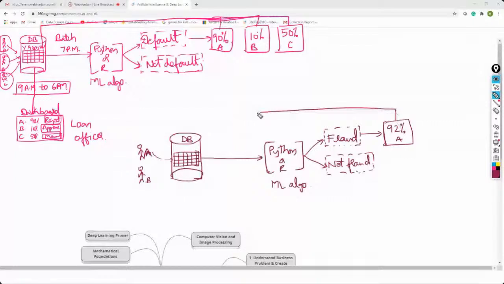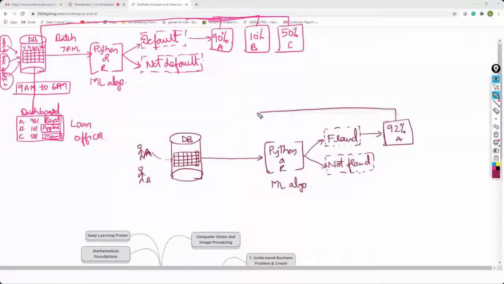The fraud analyst would be sitting here. It will start blinking saying that there's 92% probability that this credit card transaction is fraudulent. And this fraud analyst will immediately call customer A and check, dear customer A, did you do this transaction?